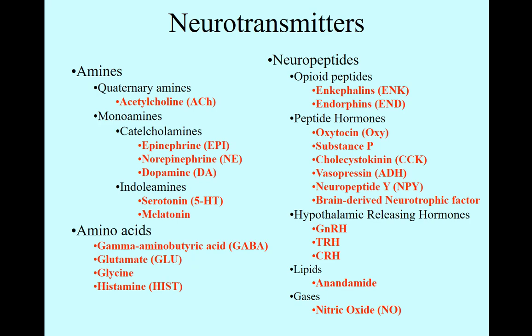That's the way it works with acetylcholine. There's an enzyme called acetylcholinesterase that breaks down acetylcholine into acetyl and choline. Both parts are reuptaken into the cell and then they're put back together ready to use again. Well, the monoamines are similar. The enzyme for monoamines is monoamine oxidase. Okay?